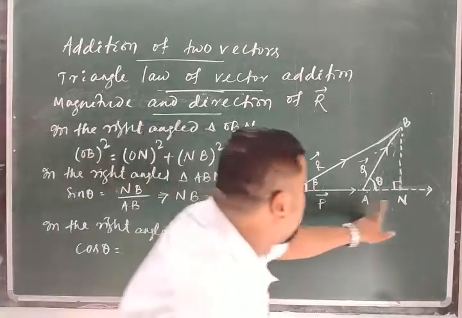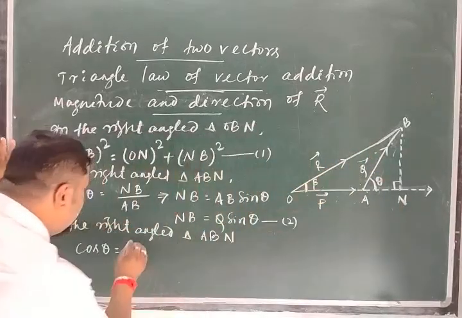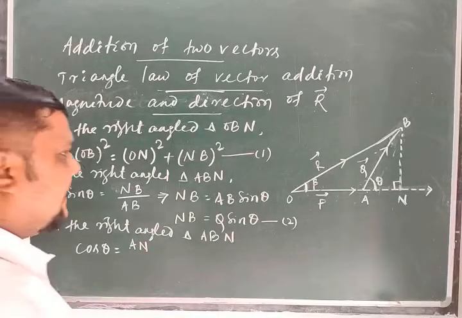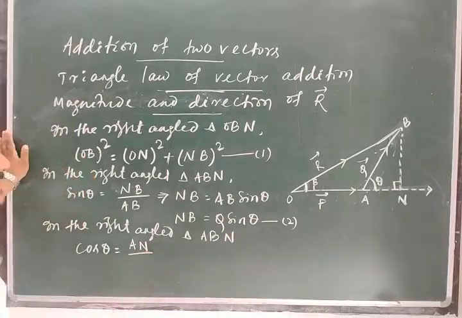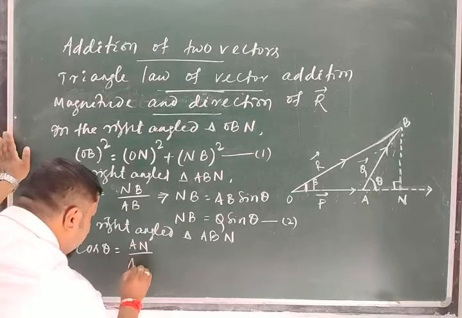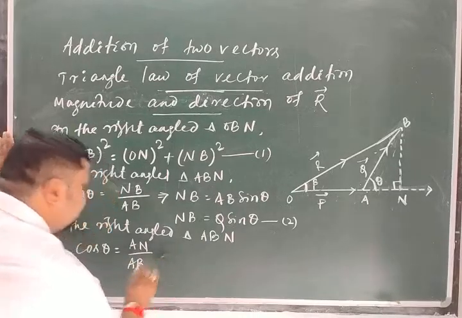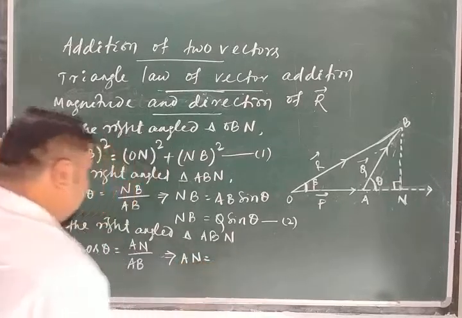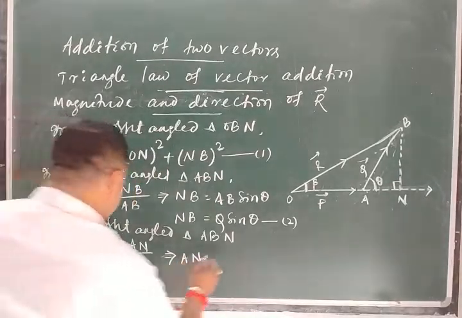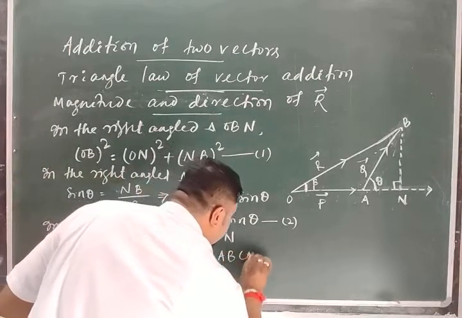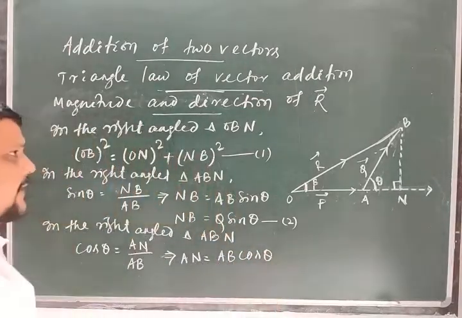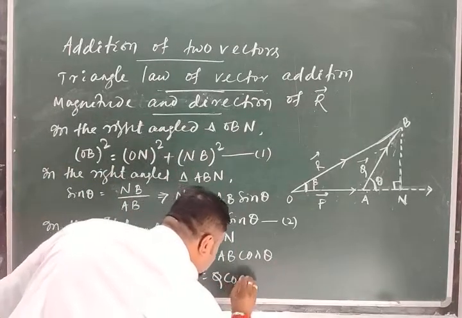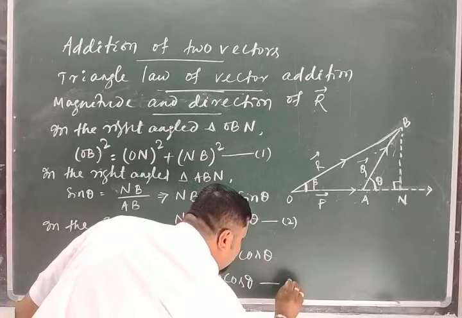Cos theta is equal to AN by AB. So this implies AN is equal to AB cos theta. What is this AB cos theta? AB means Q. So AN is equal to Q cos theta. This is equation number 3.